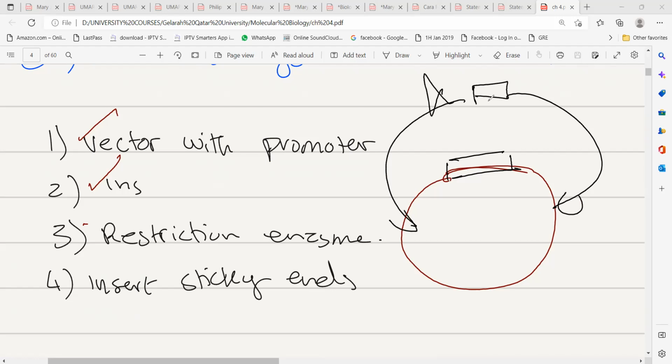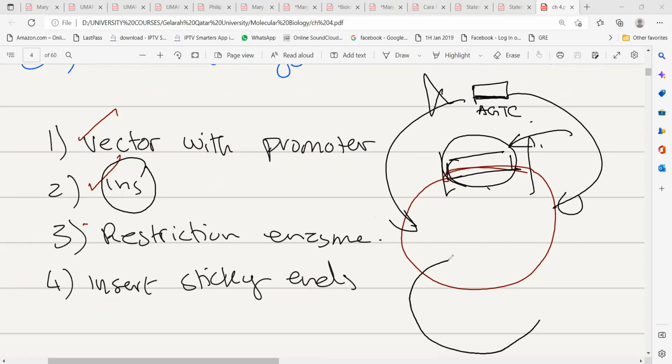No, there will be sequences complementary to the gene. Let's say if here it is A, G, T, C, there will be complementary regions to that gene. Clear? So it will bind to them at the insertion site. Then you need restriction enzymes to break this plasmid, so that when you break it, it becomes open like this.